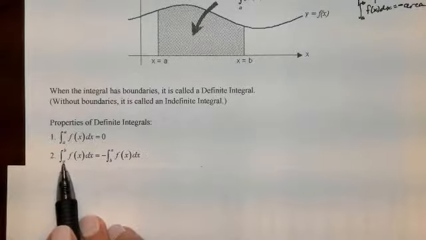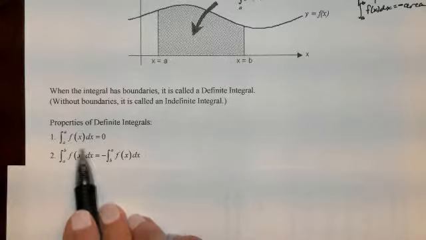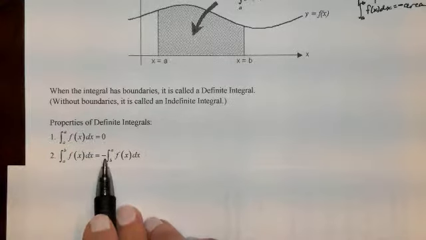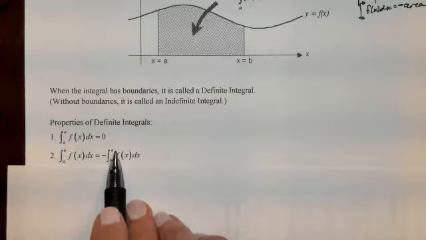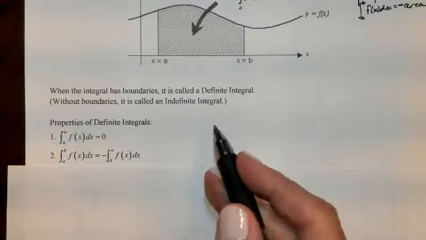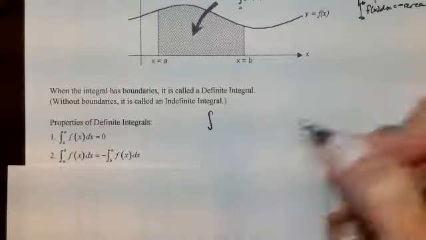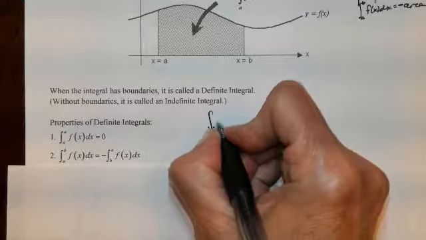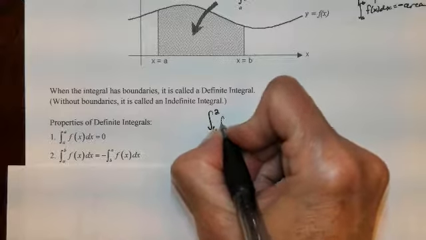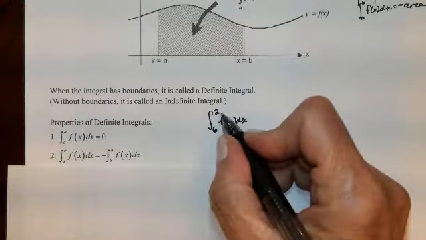All right, so this integral from a to b is equal to the opposite, the negative, of the integral from b to a. Every once in a while we will get an integral where we do something to get there. But let's say that we have an integral and we're going from like 6 to 2. Well, we don't really want to go from 6 to 2.